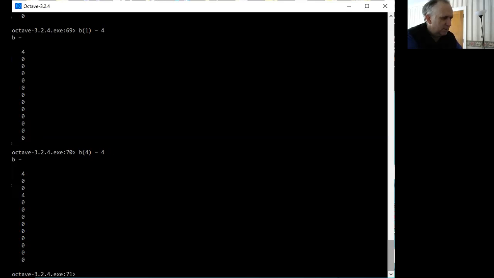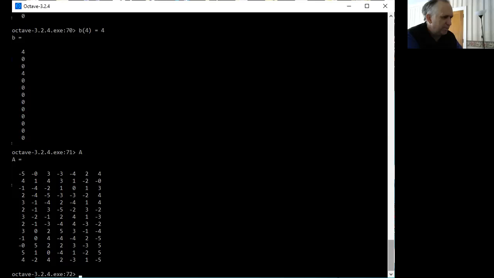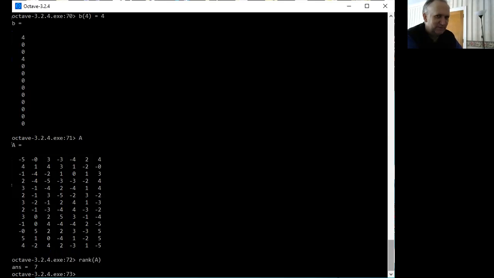So now, remember, we have A and we have B. Do you think B is in the column space of A? I doubt it. Let's see the rank of A. You can use the rank command. Rank of A is 7, full rank. Very nice. Do you think B is in the column space?